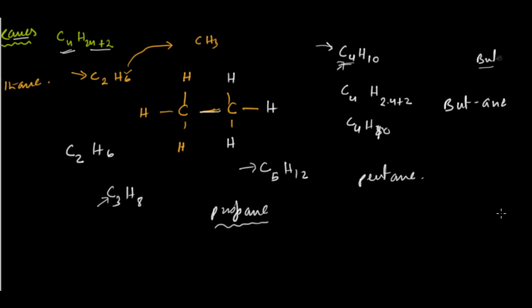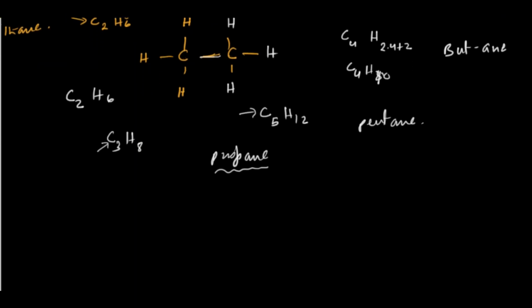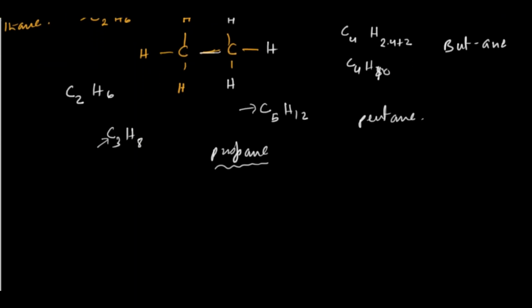The name is propane. Let's draw the structure of propane. This is the 2 carbons you are seeing, and this is propane basically. For prop we're going to use 3 carbons and ane, so that means all the carbons will be associated by single bonds. Here this carbon got the 4 hands.